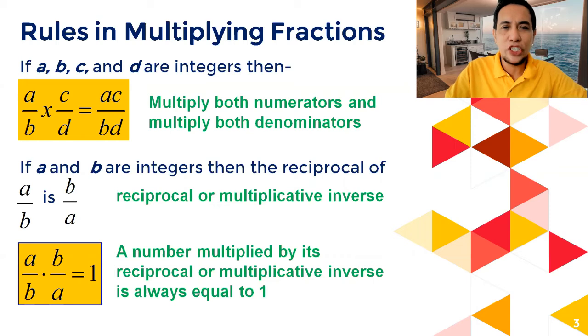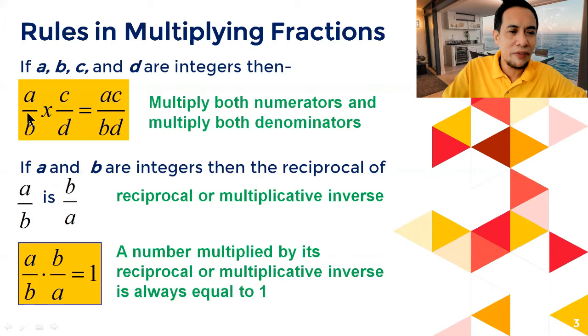Rules in multiplication of fractions. Given A, B, C, and D are integers, then A over B times C over D is equal to AC over BD. So what's the rule? Multiply both numerators and multiply both denominators.